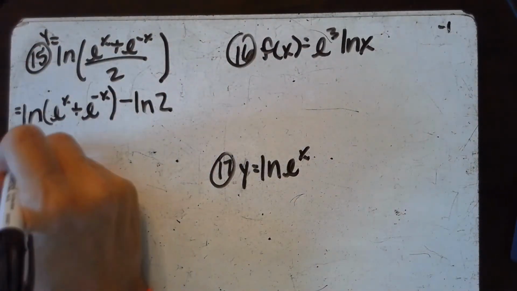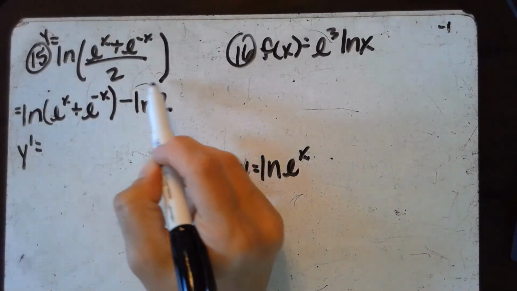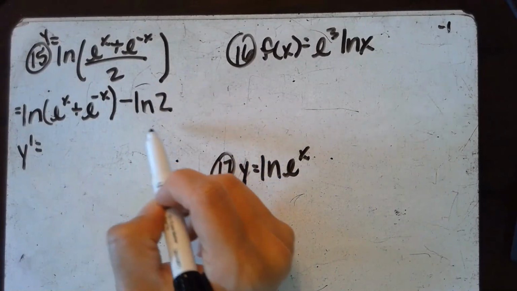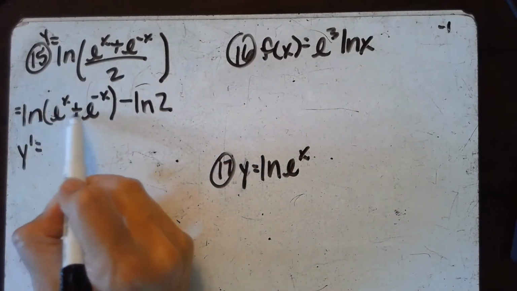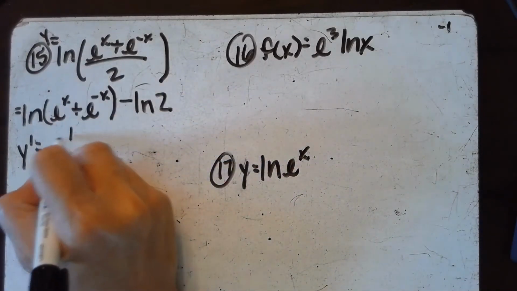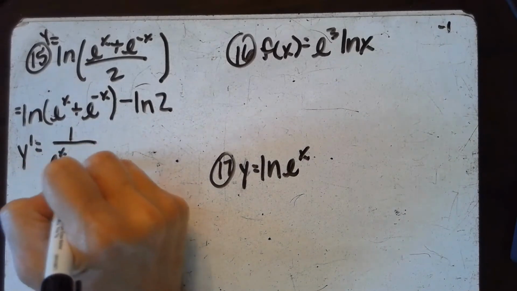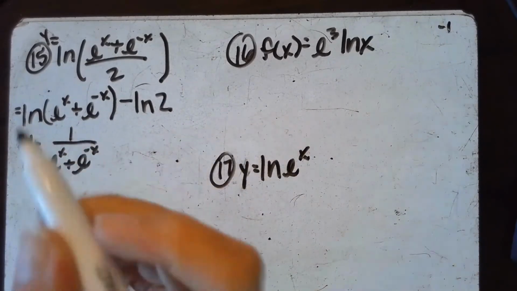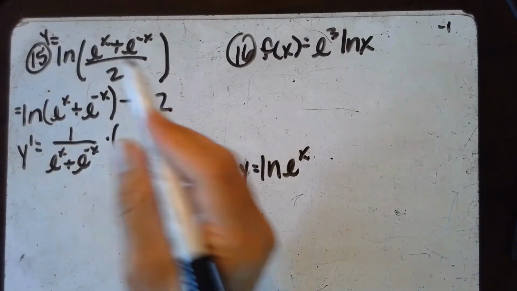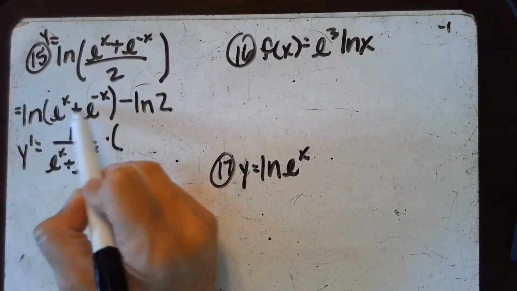So if I do y prime, guess what? When I take the derivative of this part, what is that? Well, that's just a constant, so that's going to be 0. So really, I'm just doing the derivative of this part: 1 over e to the x plus e to the negative x, times the derivative of this.